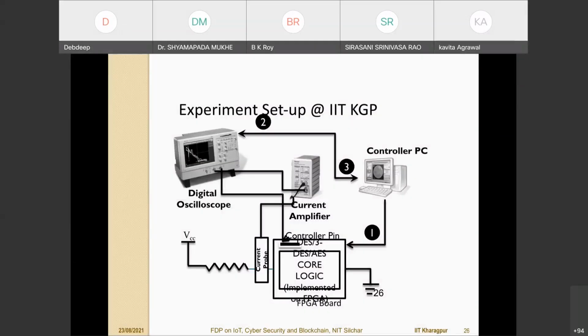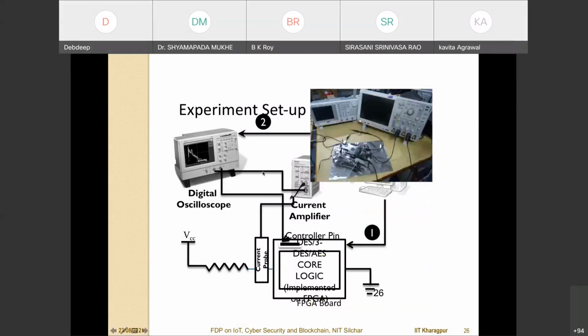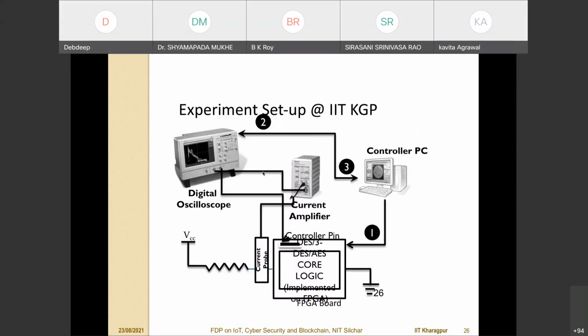So, talking about what side channels are, this is an experimental setup that we have, just to show you what a side channel setup will probably look like. In this case, you can see there is a device shown at the bottom.